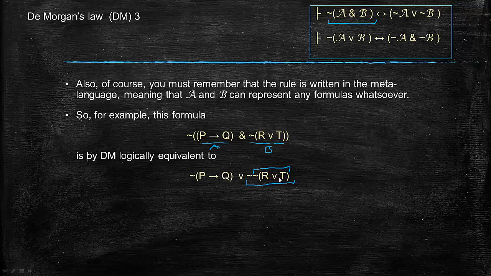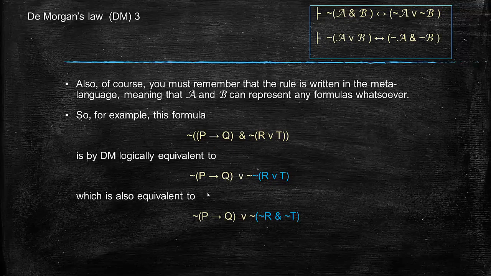case that R or T, right? Why can you do that? Well, this not R or T corresponds to, it's not the case that A or B, right? So if you take not R or T, just think of that as being an entire formula for you to apply DeMorgan's to.